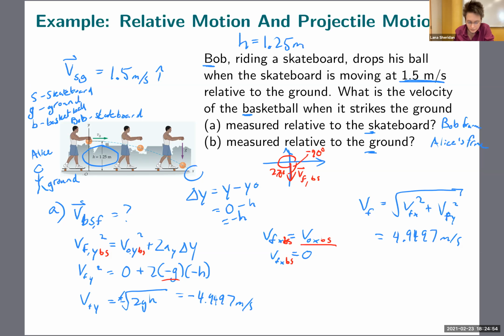So now I have the magnitude and angle of the vector, or I could just write straight down. I'll round it to 3 significant figures, 4.95 meters per second down. Or I could write minus j, or theta equals 270 degrees. Any of these would be fine.